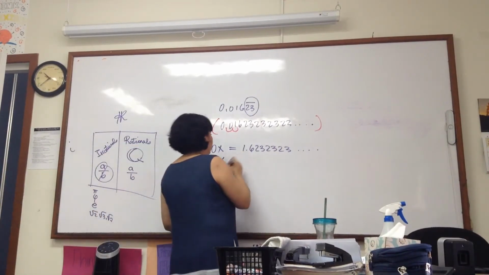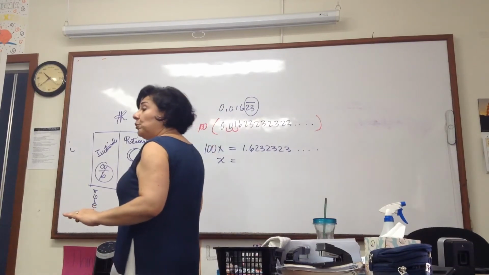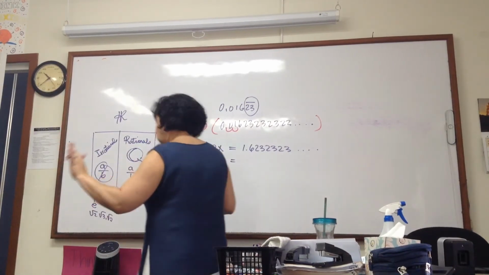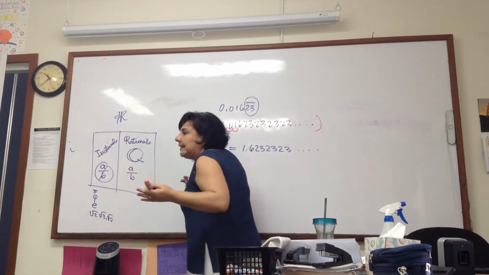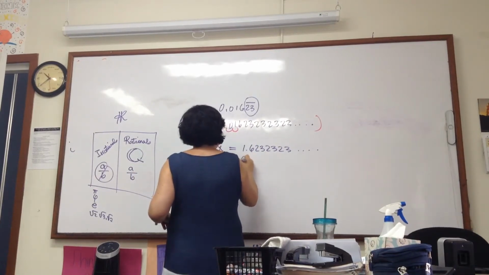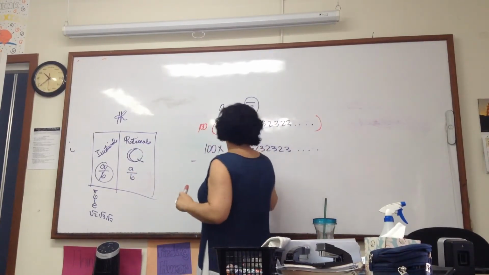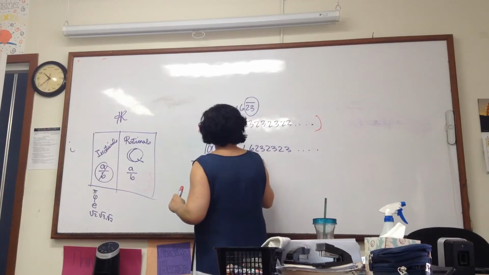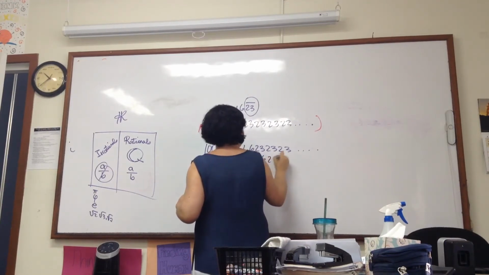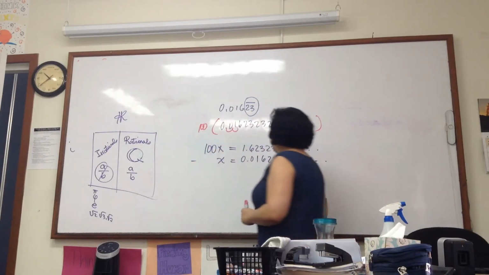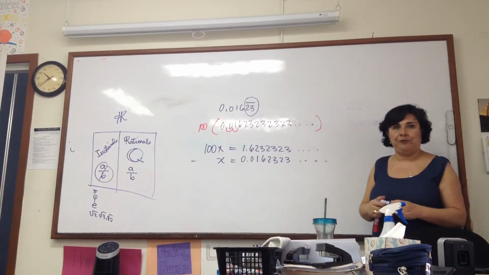Why minus x? That's the technique, because that way you get rid of the following: 0, 1, 6, 2, 3, 2, 3, and so on. Now notice something that happens here.